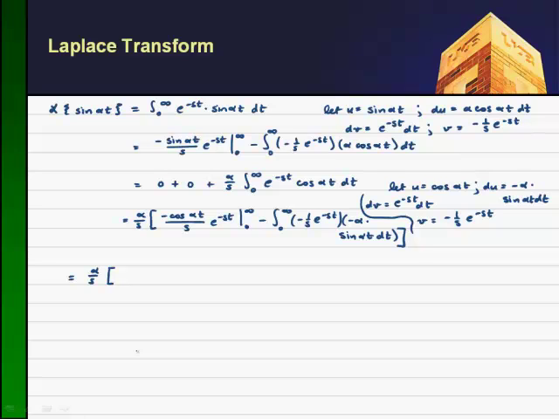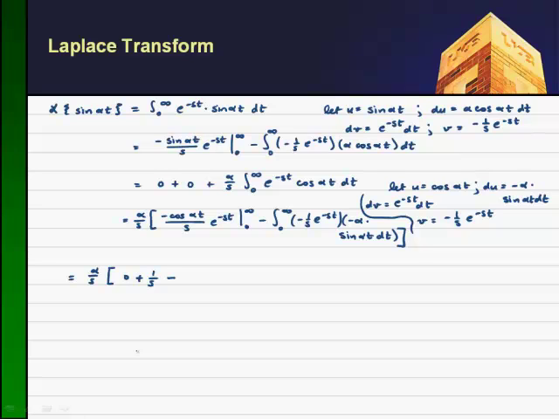So at infinity I have 0 minus, when I evaluate the lower limit, a minus cosine alpha t, so that's going to become a plus. The cosine of 0 over s, well, the cosine of 0 is 1 over s, and e to the 0 is of course 1. So here I have a minus and a minus, which gives me another minus.